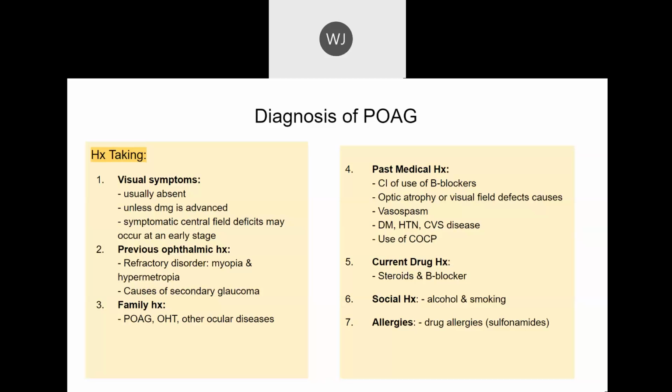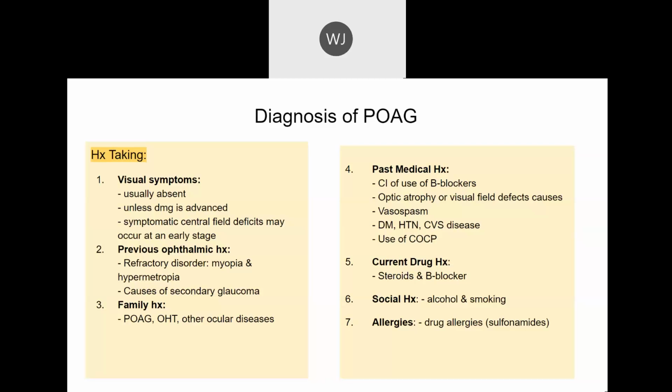And we need to ask the patient whether he can use beta blockers, especially in some conditions like asthma, heart failure, or peripheral vascular diseases, which contraindicate the use of beta blockers.